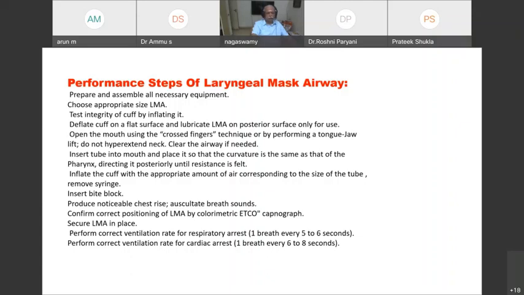Whereas if it is only respiratory arrest and the heart is still beating, you go for a slightly higher number of breaths. Deliver each ventilation over 1 second. Demonstrate complete release of the bag between ventilations. So the bag should be nicely collapsing and then re-expanding. That is the indication that the LMA is placed correctly.